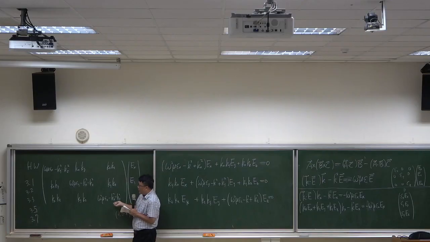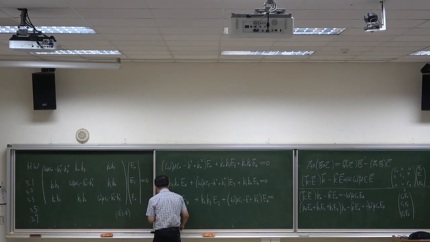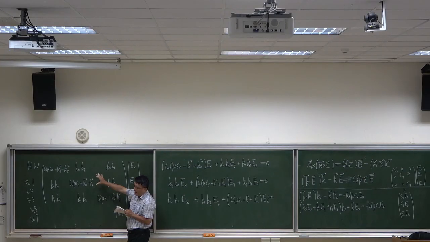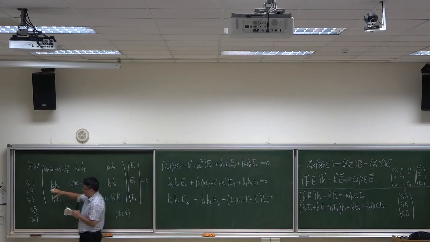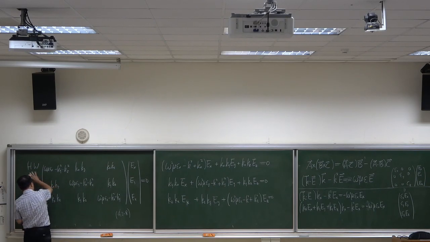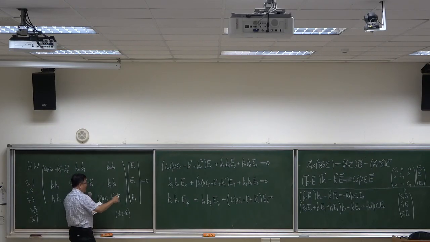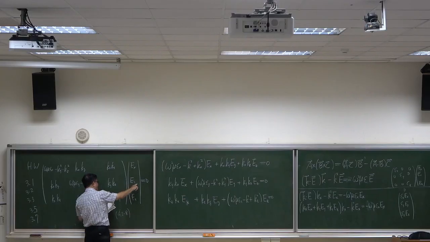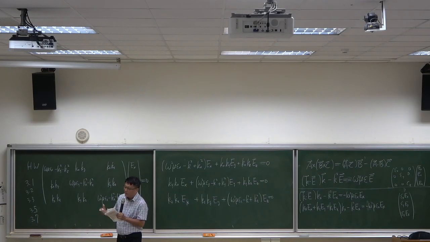you see, now we have some kind of matrix multiplied to the E vector equal to 0. So if this matrix has an inverse matrix, then we can multiply the inverse matrix from the left-hand side to cancel this matrix, and then we will conclude that E equal to 0, which means the electric field is nothing.